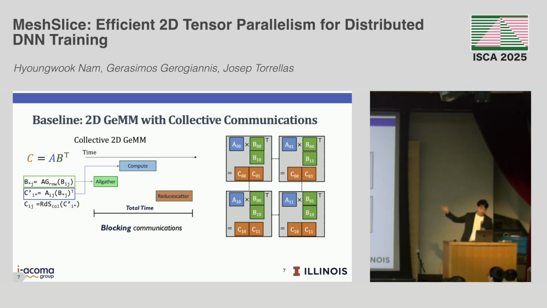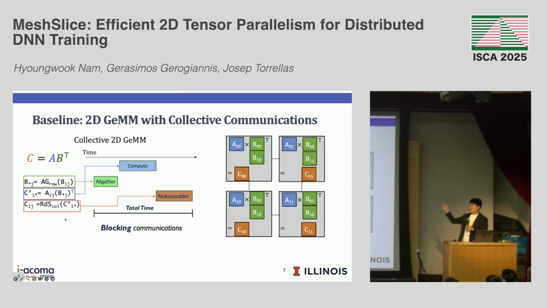Then, as you see in the blue, you have to do AB transpose of the shards to get the partial outputs in the orange. Finally, we scatter these partial outputs and accumulate them into C shards locally stored in the accelerators. In total, you can see the execution time takes this amount of time.